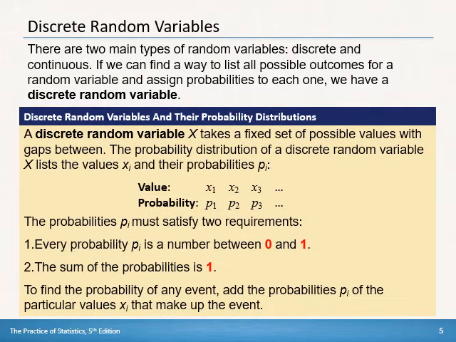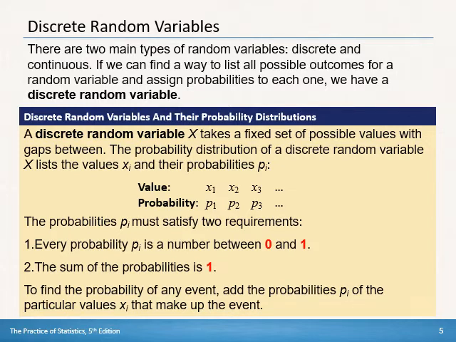Okay, so let's concentrate for a moment on discrete random variables. Again, we use the capital X as the generalized idea of the random variable of interest, and then the lowercase x, usually with a subscript 1, 2, to indicate the individual values that the random variable capital X might take on.